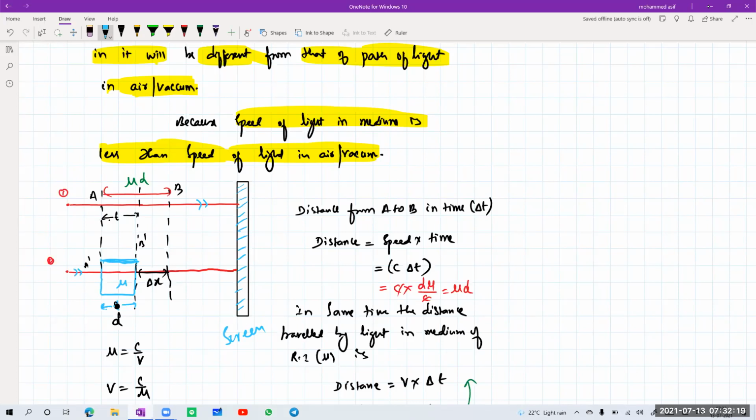So when I'm making the ray of light incident here, and I'm keeping a thin sheet of plastic of refractive index mu, and the thickness of this one is D. By the time the light might have traveled this distance A to B, the light is still in the region of A dash and B dash. That means it needs to travel an extra distance delta x in the same time, then only this AB will be equal to this A and B double dash.